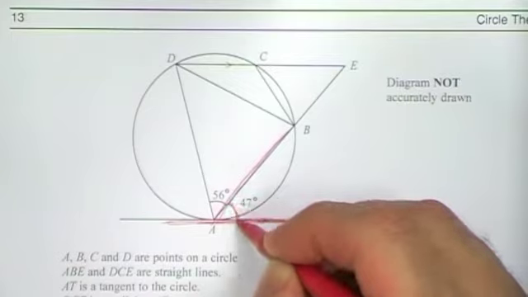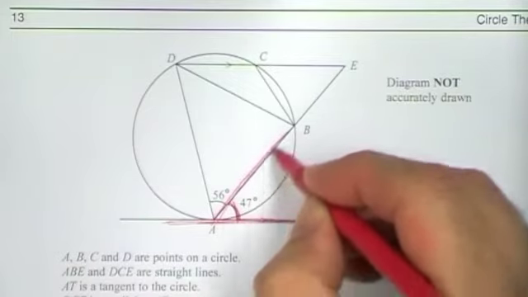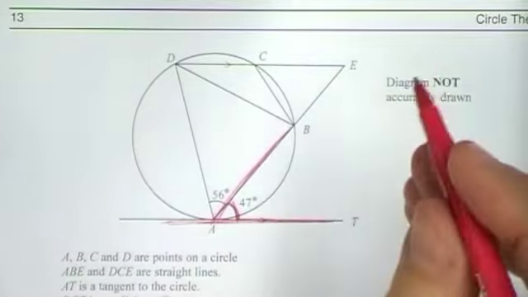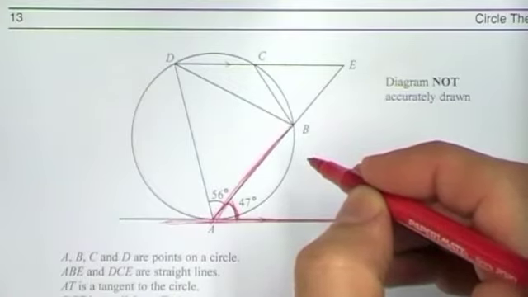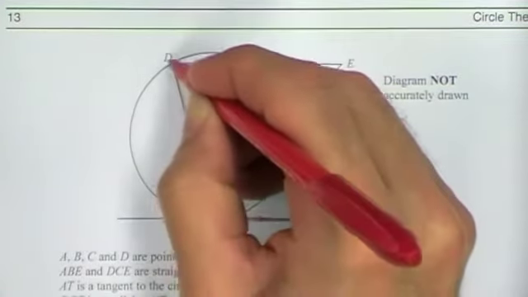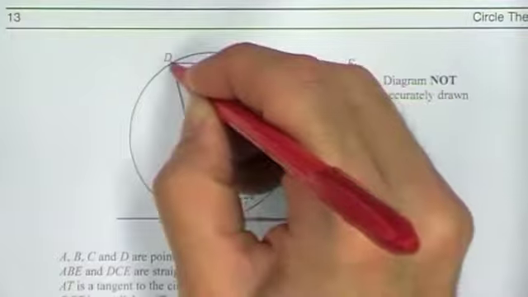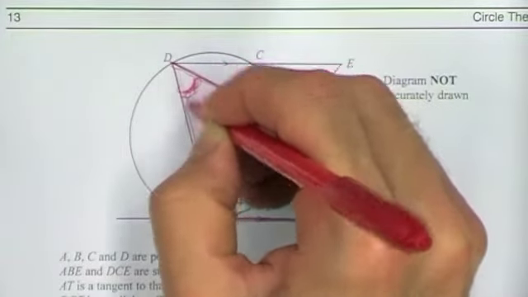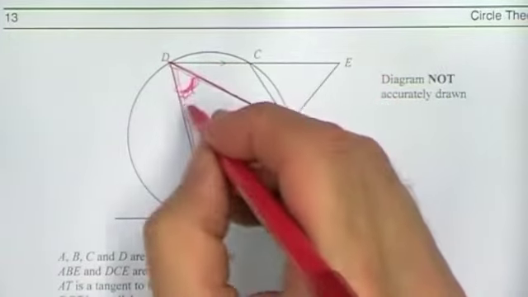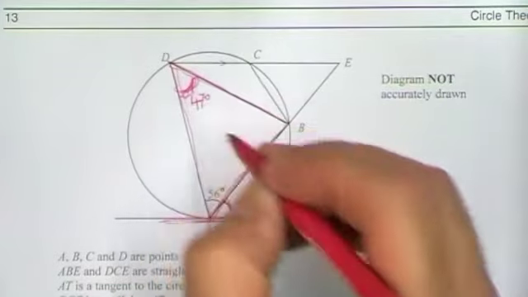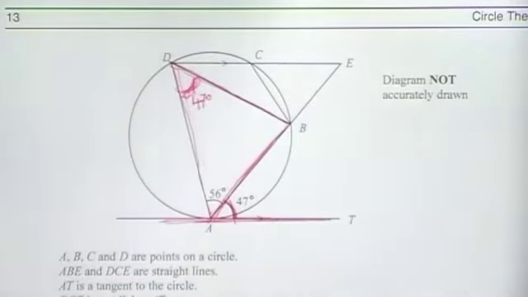That's the one we're given, so that's 47 degrees. So if I take this chord, which makes the angle, where's the angle that comes from there? It's this one up here, isn't it? So this angle up here is going to equal this angle here, so that's 47 degrees. Now I've automatically filled that one in without even considering what the question says.